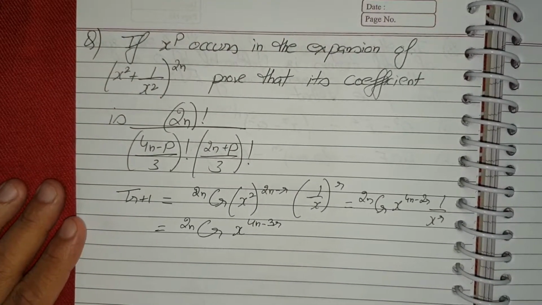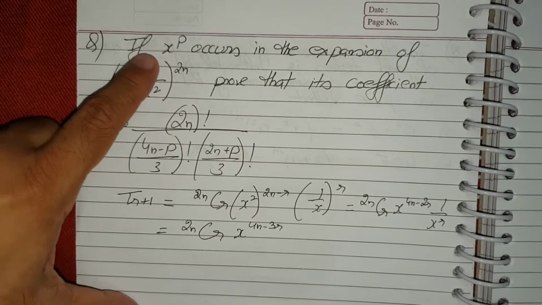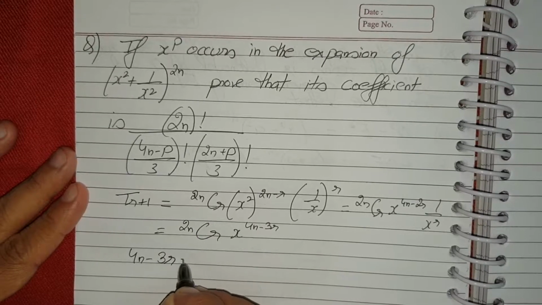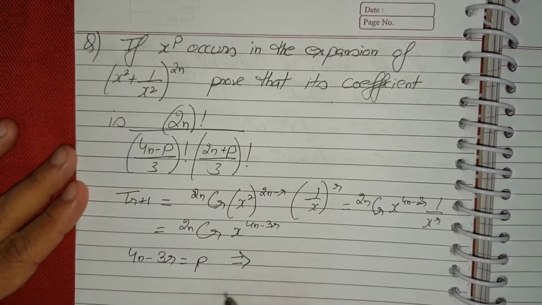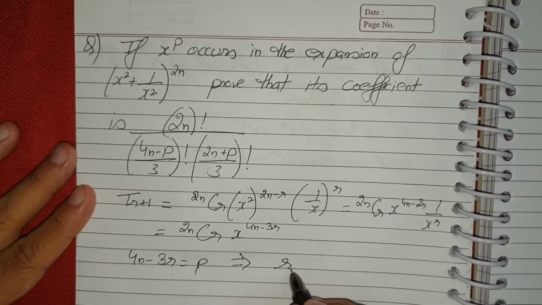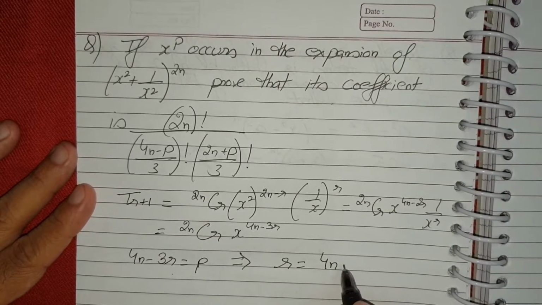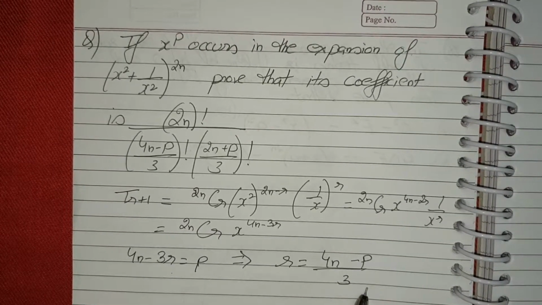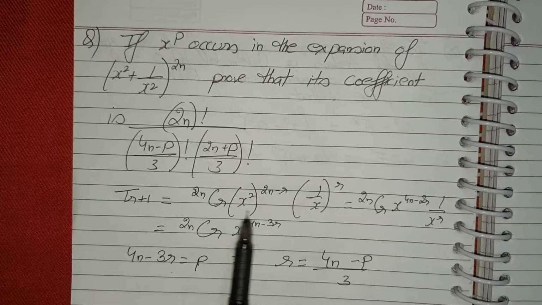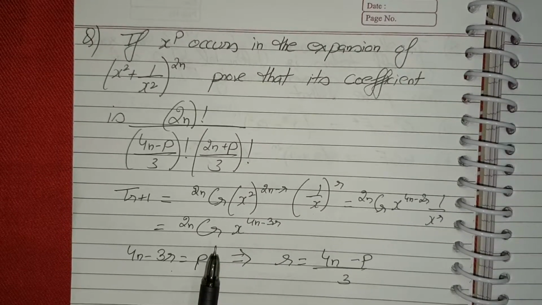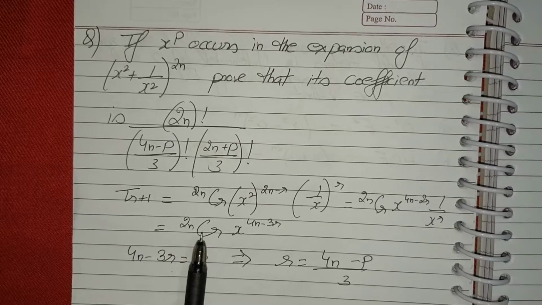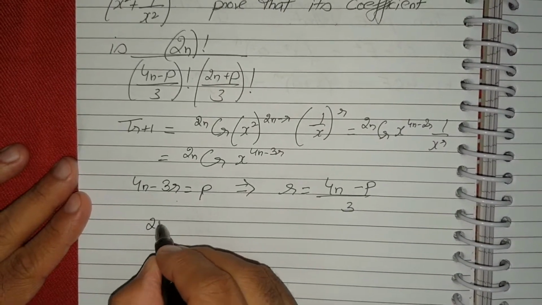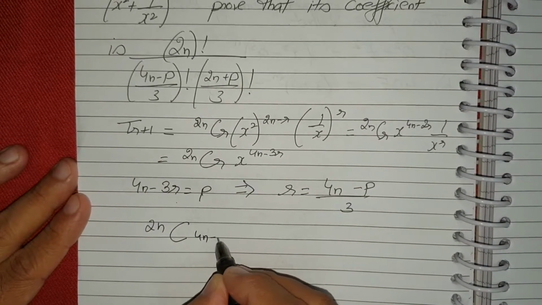Now, we know that if x to the power p occurs, you have to equate the powers. So, basically 4n minus 3r will be p. We have to find the value of r. Now, solving this, what is r? r is (4n minus p)/3. Now, we have to substitute the value of r in this equation to get the coefficient, which is basically 2n C r. So, the coefficient will be 2n C (4n minus p)/3.